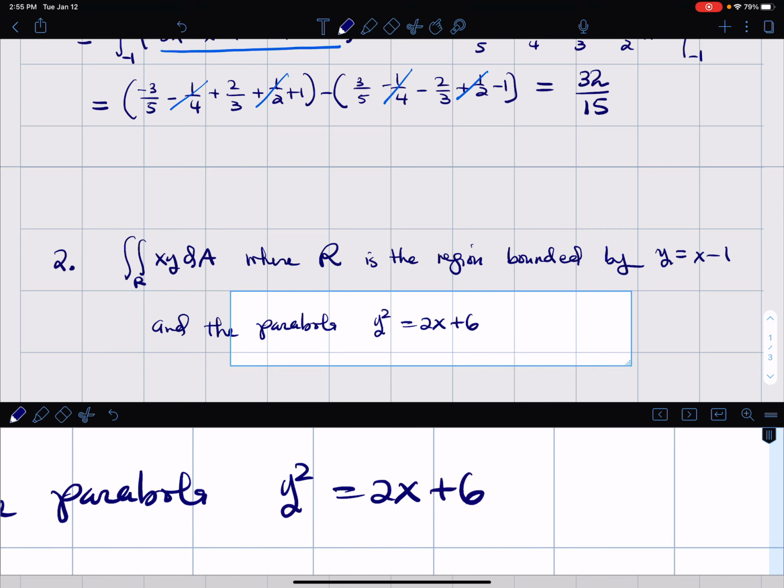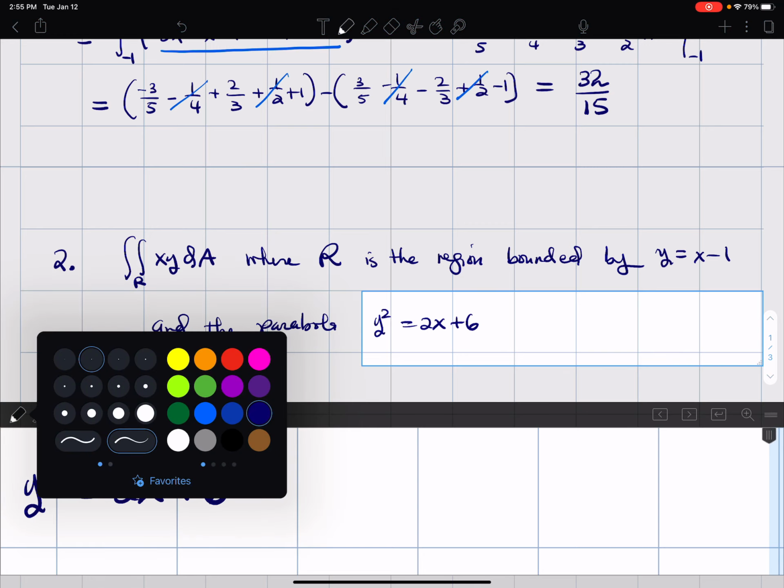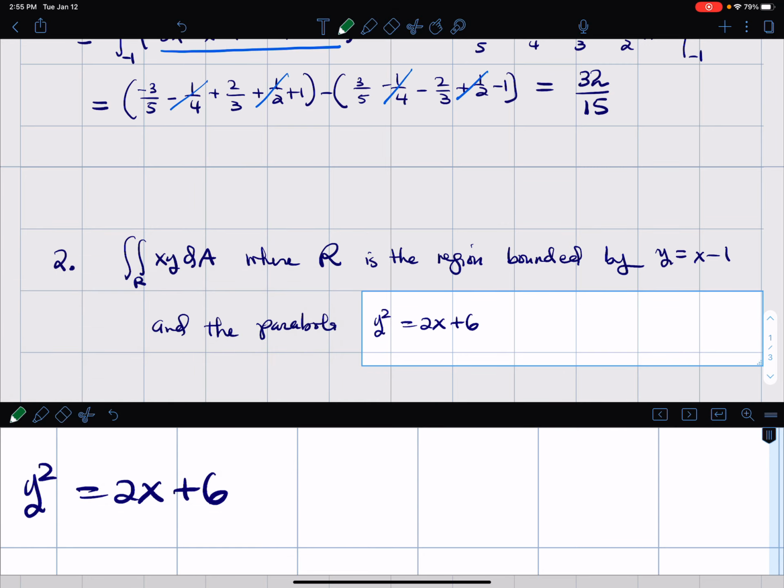Okay. So I'll begin by looking at the region of integration. First of all, we have this parabola. Usually with parabolas you have y equals 2x squared or some constant times x squared plus another constant. But this one, the square is on the y. So let's solve for x.